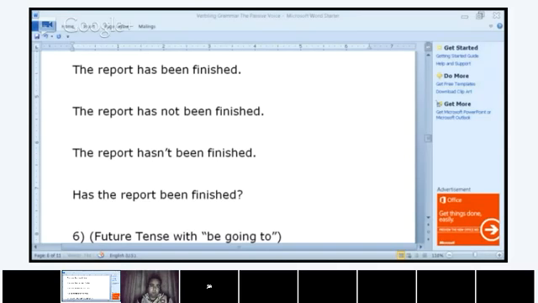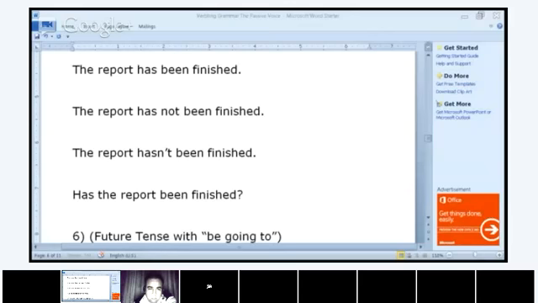So you might say, the sales representative hasn't finished the report again. But if the sales representative is your friend and you have to mention this to your boss, you might say, oh, well, the report hasn't been finished yet. Okay, so let's keep going here.